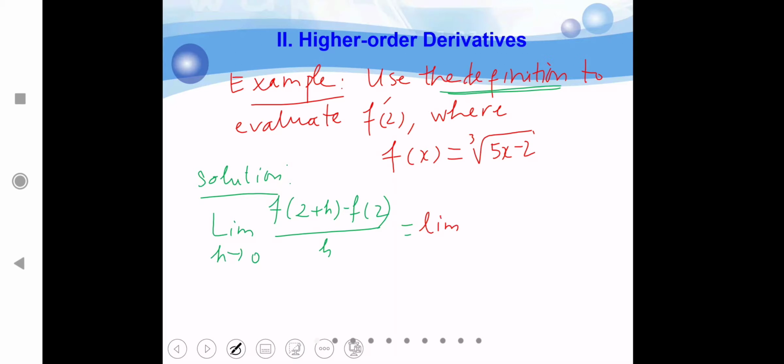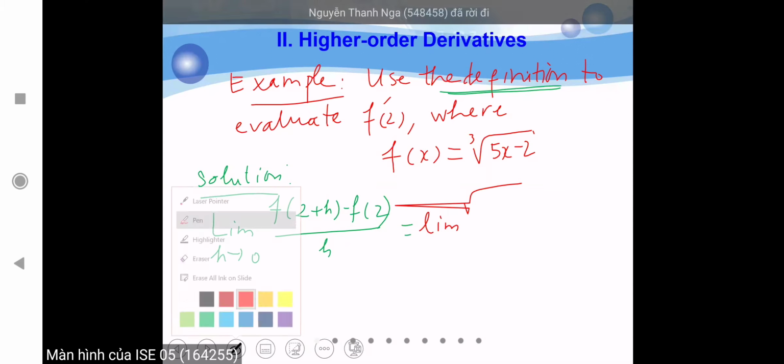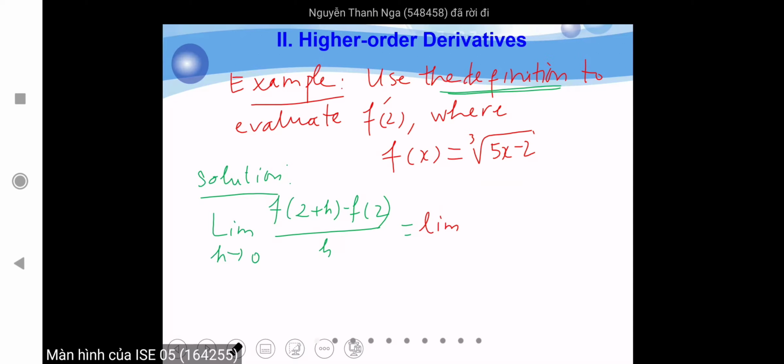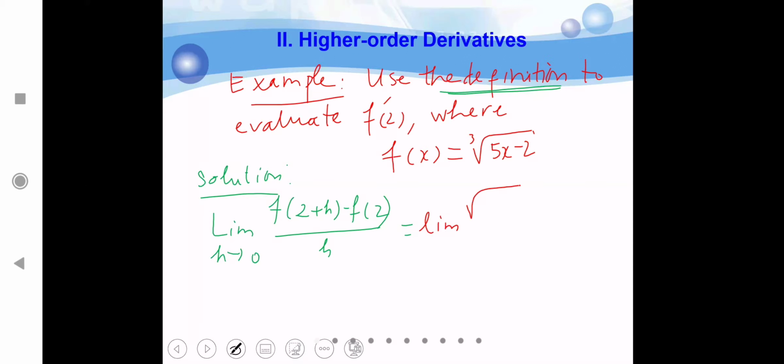The limit of (cube root of (5(2 plus h) minus 2) minus f(2)) over h when h tends to 0. This limit has form 0 over 0.